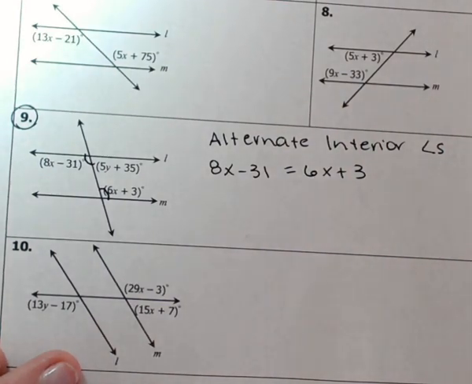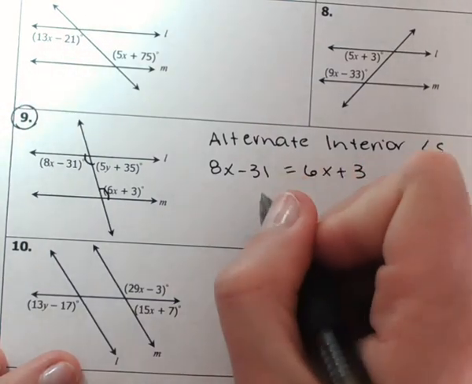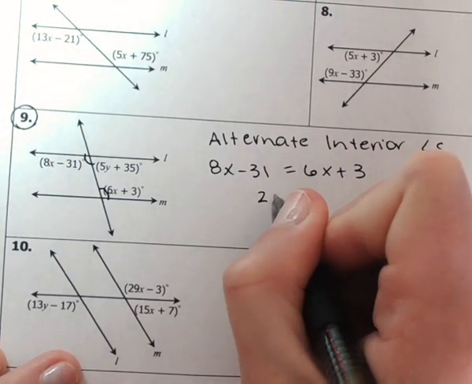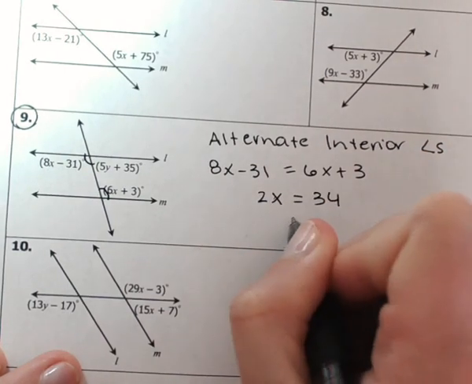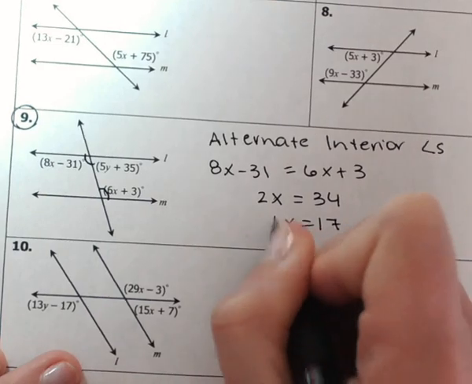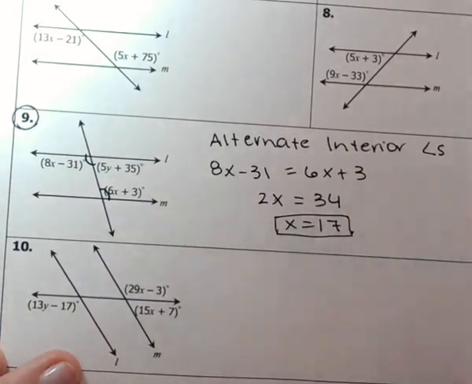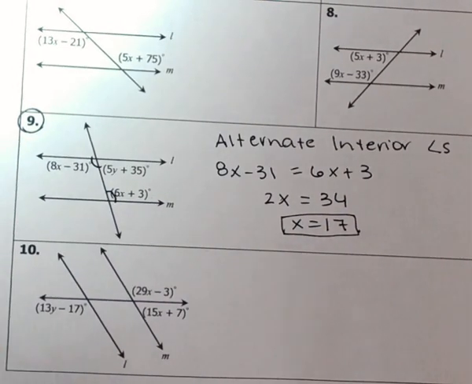Again, I like to keep things positive if possible. So x equals 17.